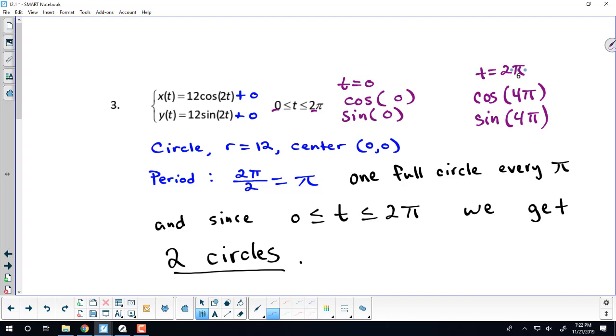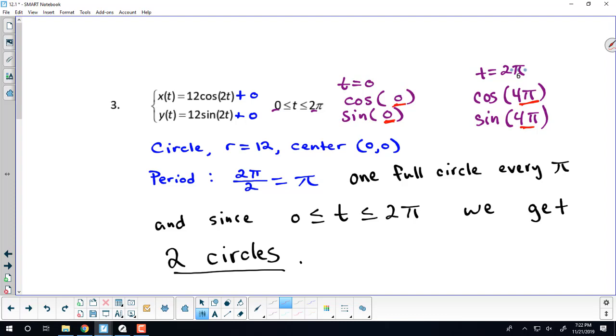So that's another way of explicitly seeing what t ranges from. The argument ranges from 0 to 4 pi, so you get 2 circles there. I don't know if that's a helpful way to look at it or not, but you can always do that too.